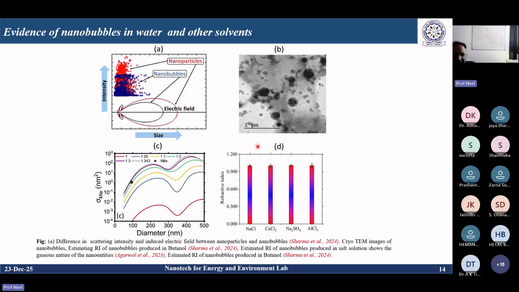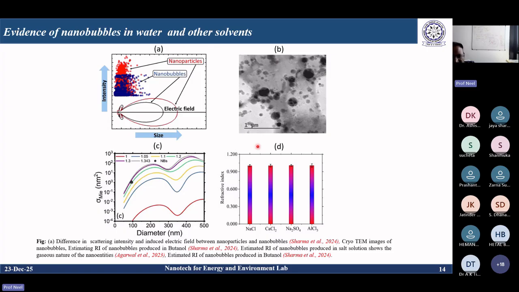We have developed one other technique called the refractive index method. Normally, the refractive index method is a very strong proof that if a bubble is present, the bubble should have a refractive index around 1, right? A particle will have a refractive index of more than 1.33. So if the refractive index we're getting is around 1, then we can say that they're bubbles.